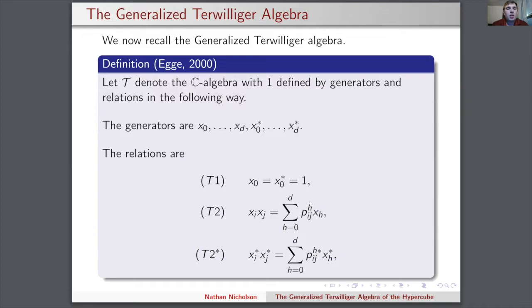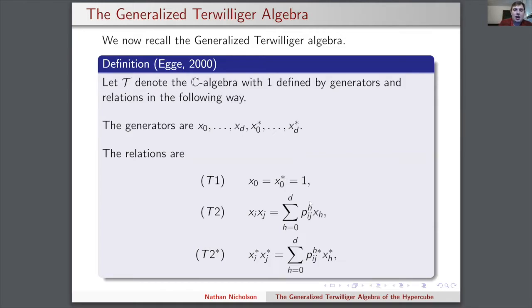And so let cal T denote the C algebra with 1, defined by generators and relations in the following way. This was defined by Egge. Okay, the generators are x0 through xd and x0 star through xd star. And then the relations are as follows. We have x0 equals x0 star equals 1. So this should remind you of A0 equals A0 star equals the identity.